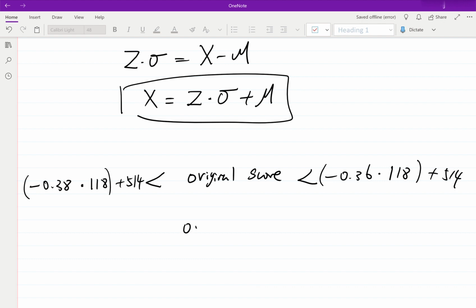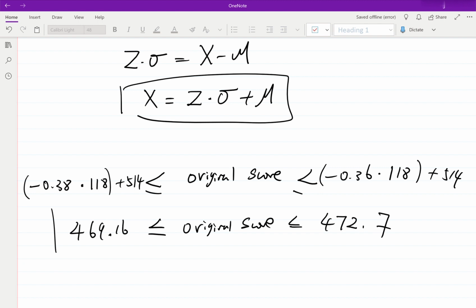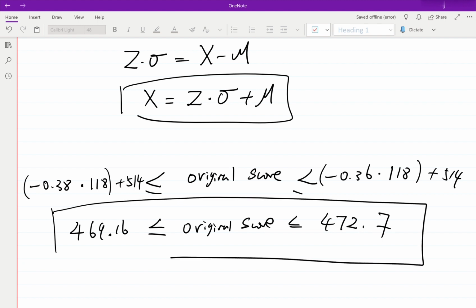So therefore, the original score should be greater than or equal to 469.16 and less than 471.52. Okay, so now we get the range of Michael's original score.